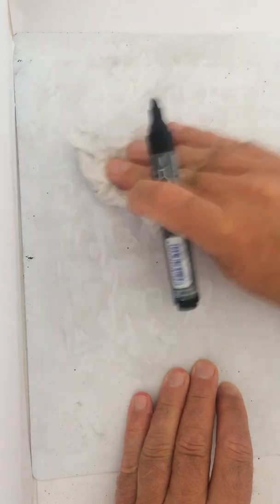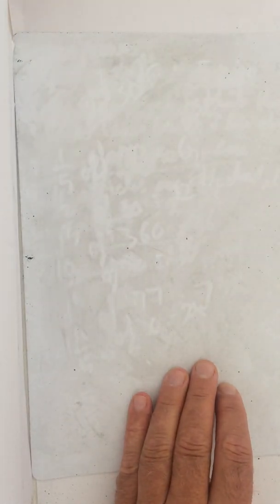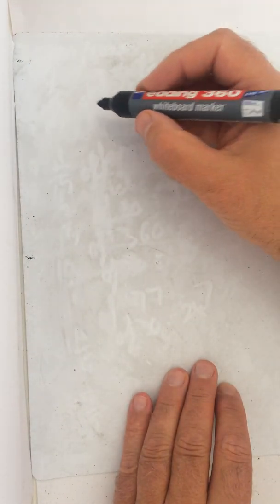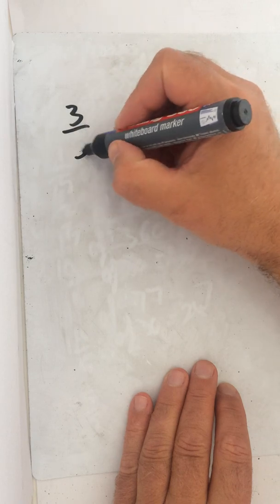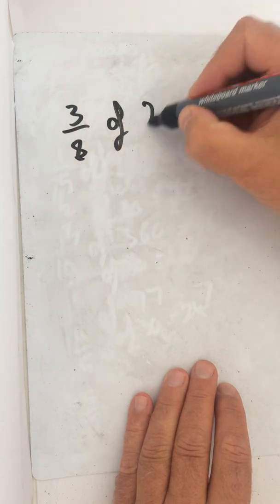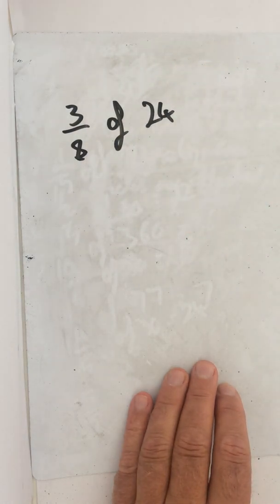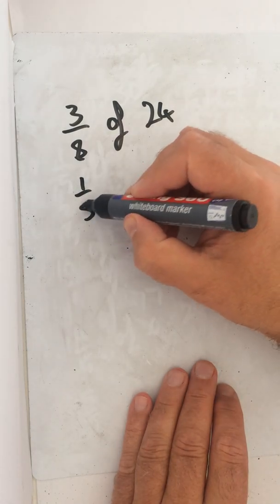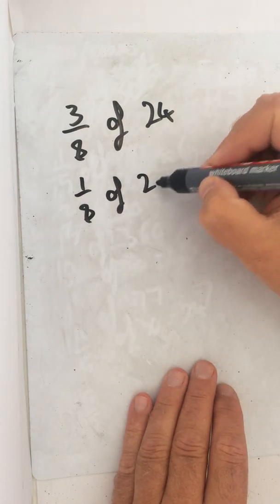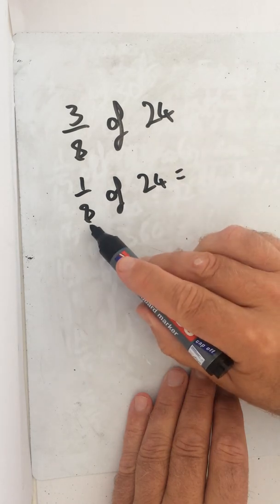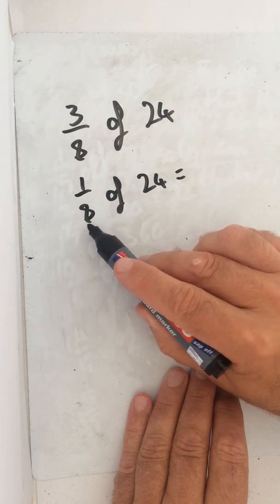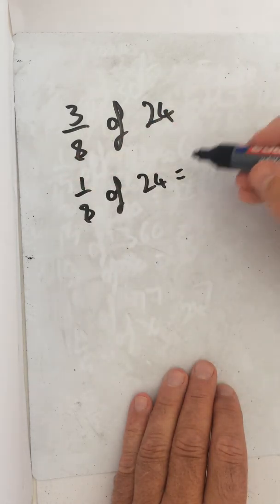Let's just do a couple more. What is 3/8 of 24? First step, find 1/8. 1/8 of 24. How many 8s in 24? 8, 16, 24, 3.